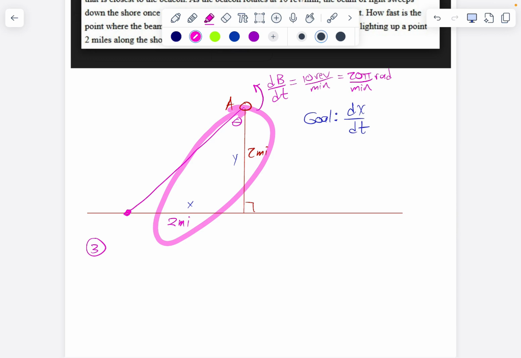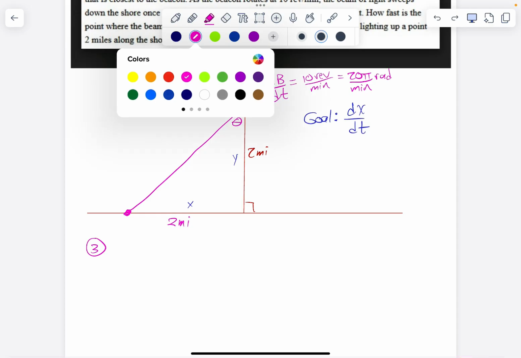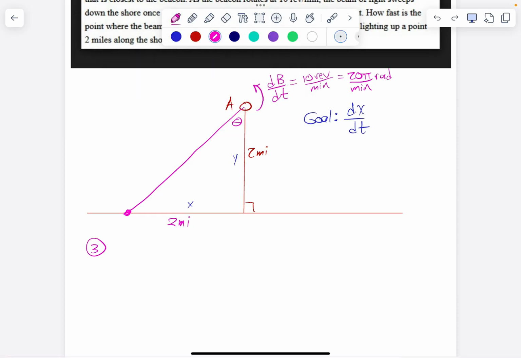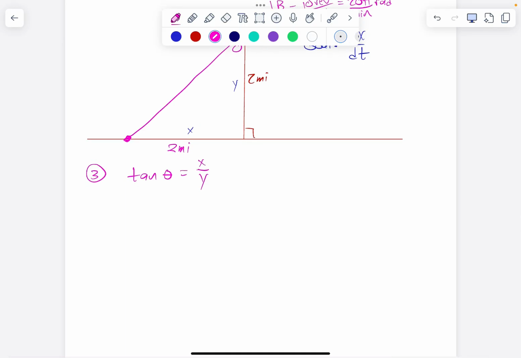It's tangent, opposite over adjacent. Remember that? Okay. So tangent of theta equals x over y. That's our general relationship. That's always true for this scenario. And then we need to take the differential of this.